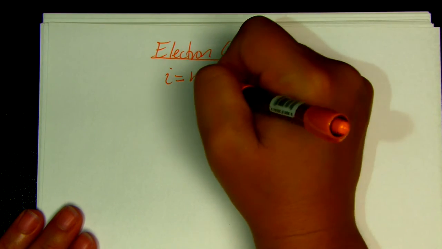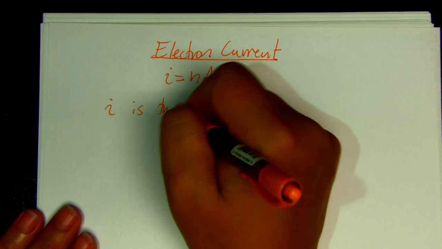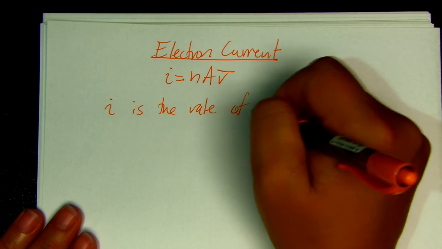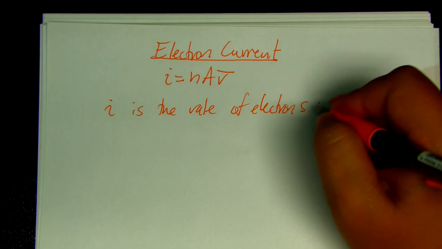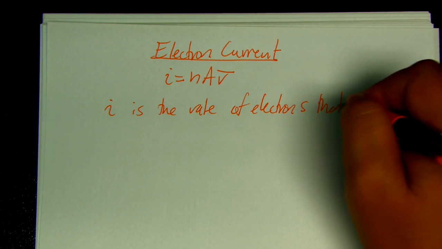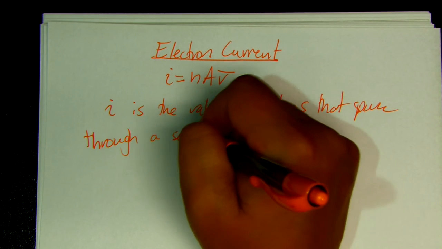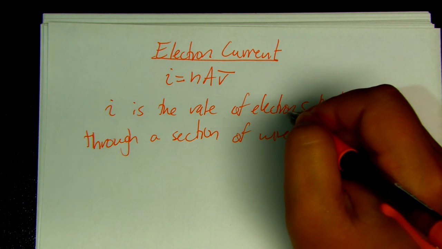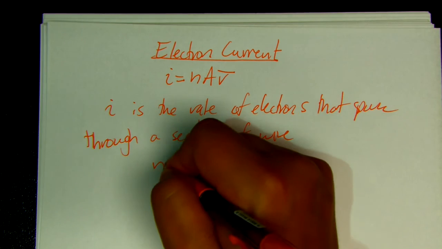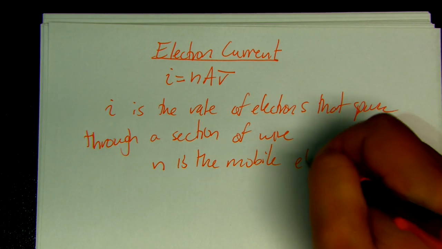I is equal to n A v bar, where I is the rate of electrons that pass through a section of wire. n is the mobile electron density.